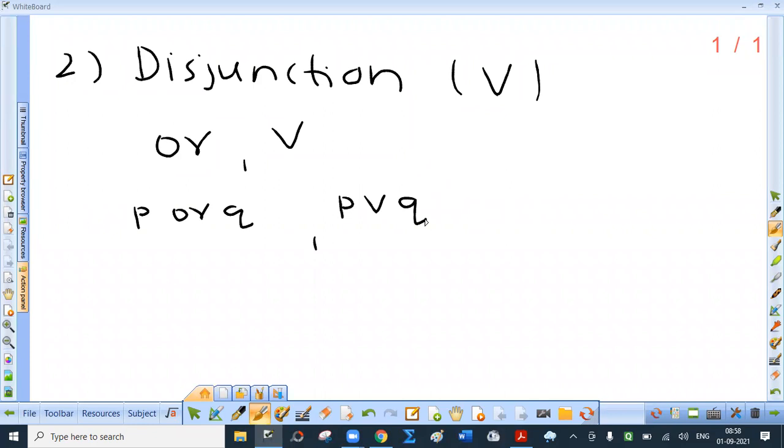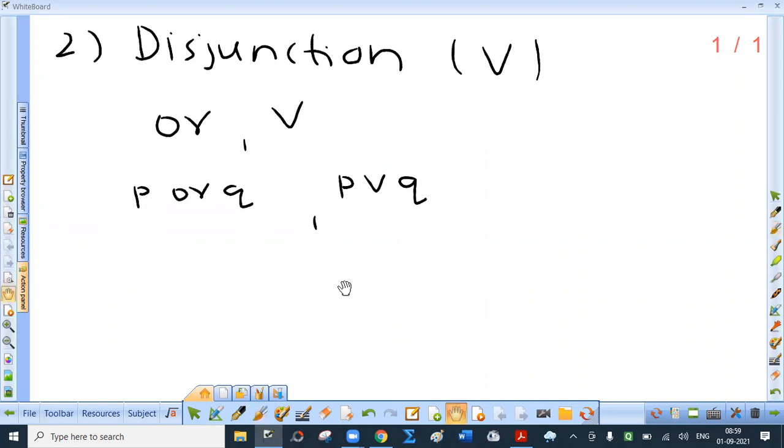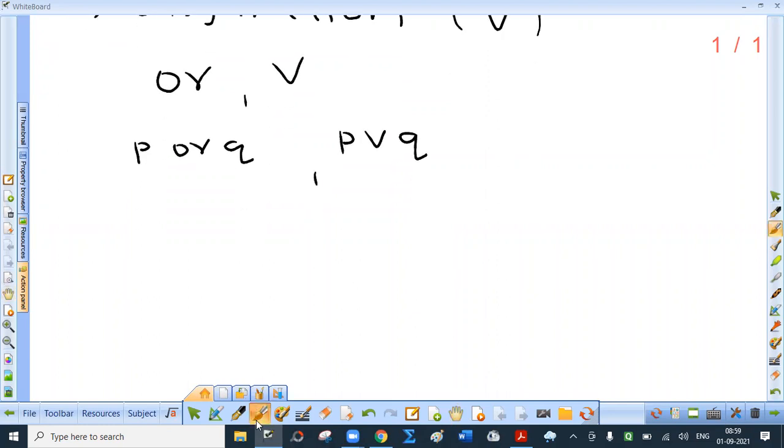If P and Q are two simple statements, their disjunction is P or Q, and this is the symbolic form of disjunction. Now these two are called disjuncts. Now can you tell me about truth value of P or Q for different combinations of the truth values of individual statements?